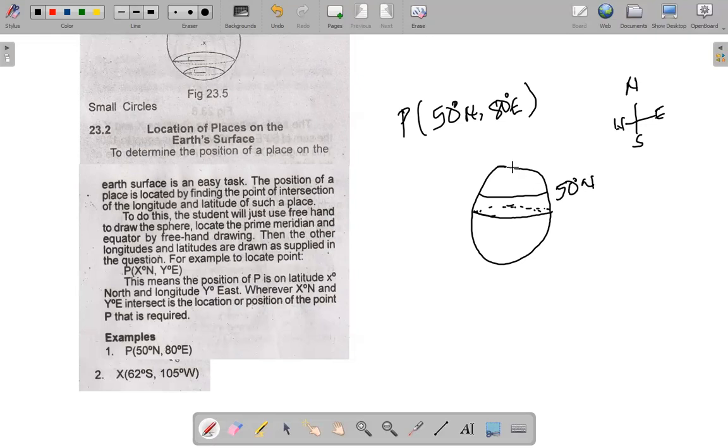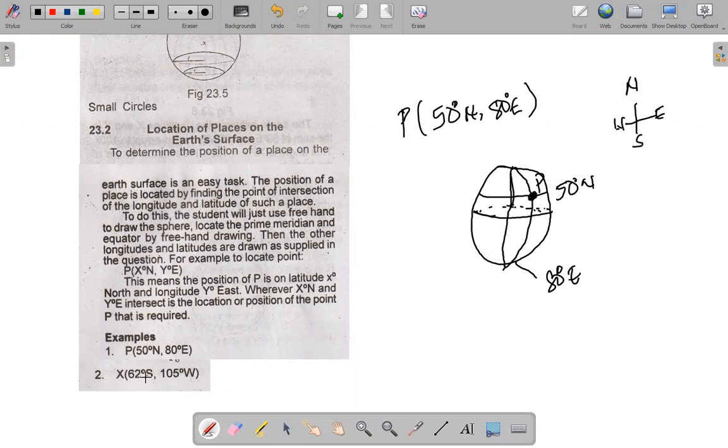Then east. First of all, let's draw the prime meridian. Then east, 80 degrees east. Let's assume this is it. 80-degree east. This point of intersection of 50-degree north and 80-degree east is point P. That is example 1.